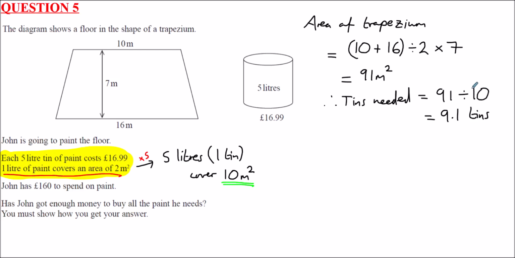Now, unfortunately, you either buy a tin or you don't. You can't buy a fractional number of tins. To the nearest number of tins, you'd round down to 9. But what this is saying is that actually he'll need 9 tins plus an extra bit to finish off. So 9 tins won't quite be enough. So he's going to have to buy 10 tins and have some spare paint that he's not going to use. So he must buy 10 tins.